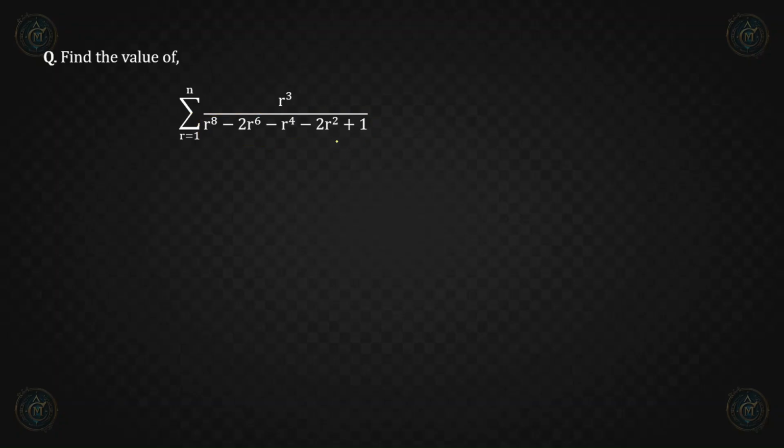Because the main idea of telescopic series is to factor out the expressions in the denominator. So somehow we have to factor this. But how to factor this type of expression? See, here we have a pattern. Okay, here this power is 8, here this is 6, here this is 4, this is 2, this is 0, right? That means the power drops by an amount of 2 in each term, right?